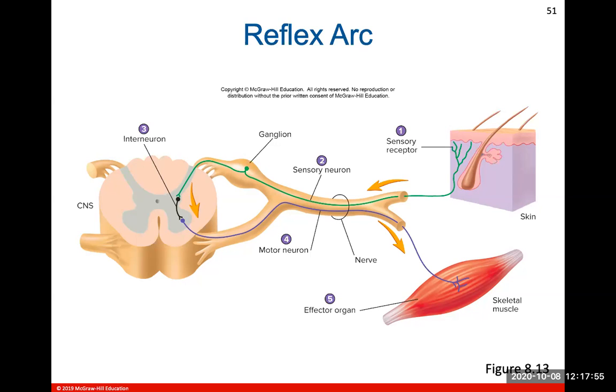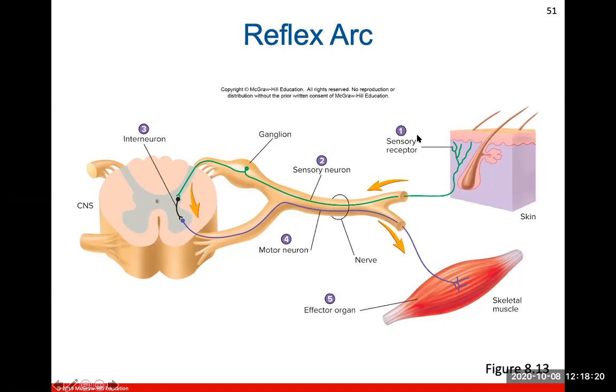So if you touch a hot stove, your skeletal muscle will immediately remove your hand from that hot stove. That sort of response is a reflex arc. It does not involve that sensory neuron sending its painful sensation to your brain. It just goes within the spinal cord and then sends out a motor response to your skeletal muscle.